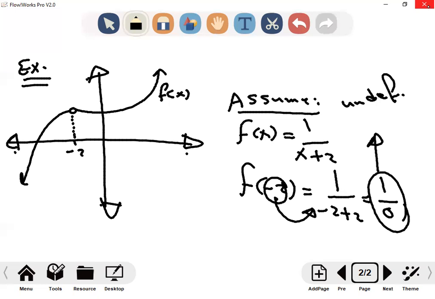Now f of x, this is assuming. This is not the curve of f of x, but I'm assuming. Okay. f of x here is 1 over x plus 2, right? Put -2. What do you have down? 1 over -2 plus 2, right? Which is 1 over what? 0. 1 over 0 is an undefined number.